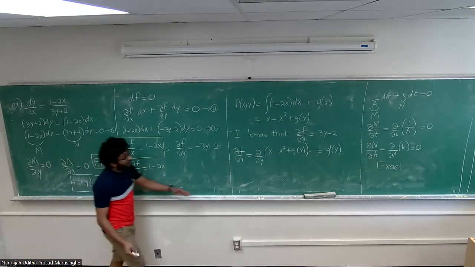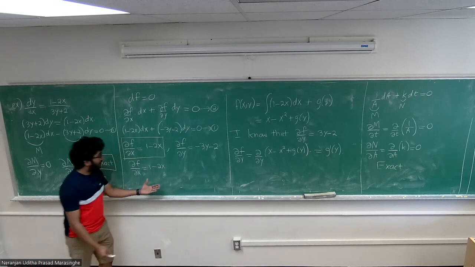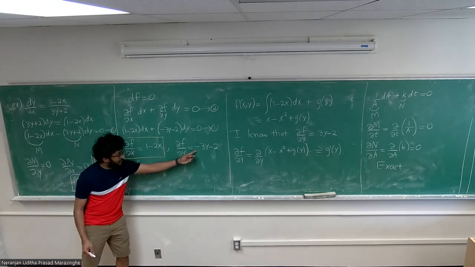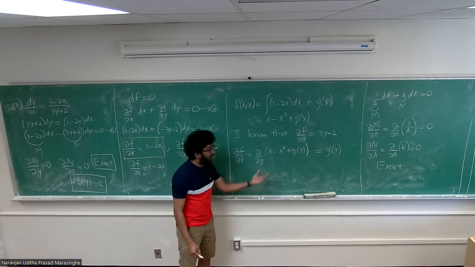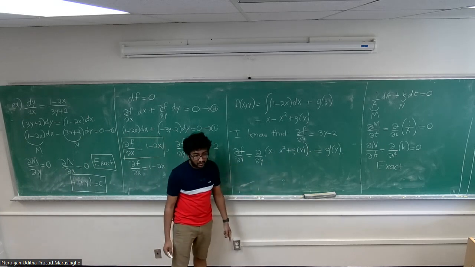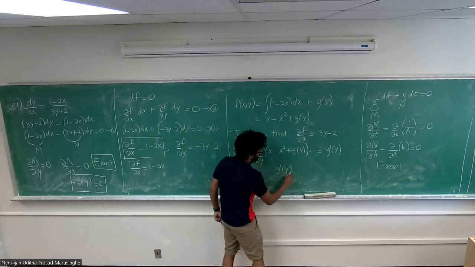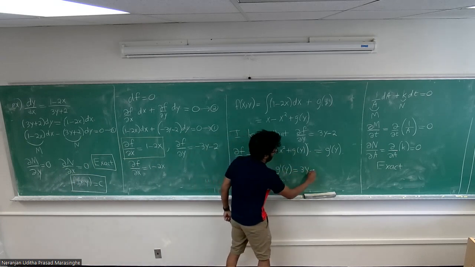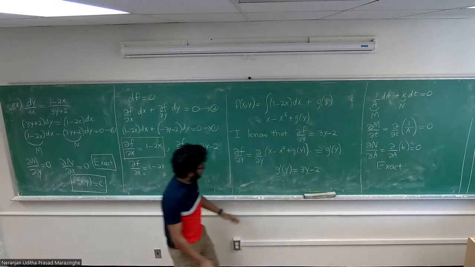Now I can equate these two. On the one hand I know that ∂f/∂y equals 3y minus 2, and on the other hand I know that ∂f/∂y equals g dash of y. So g dash y is equal to 3y minus 2.